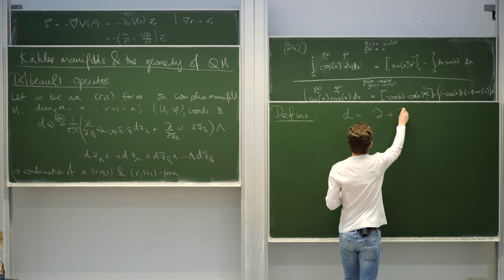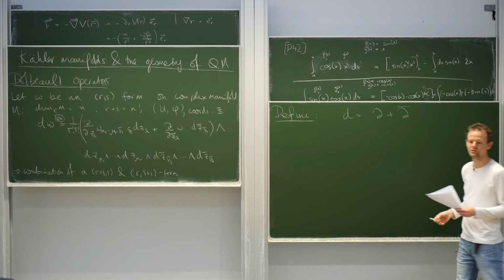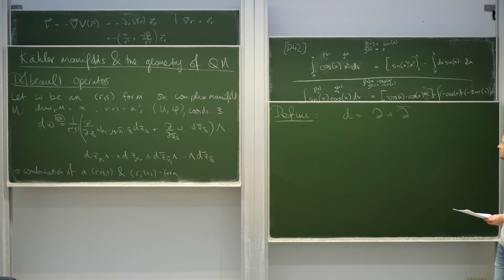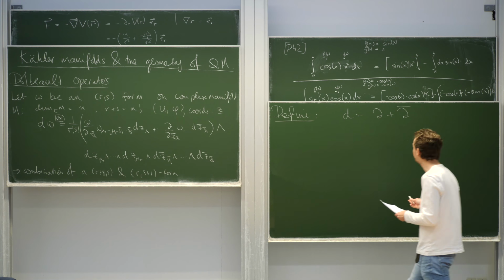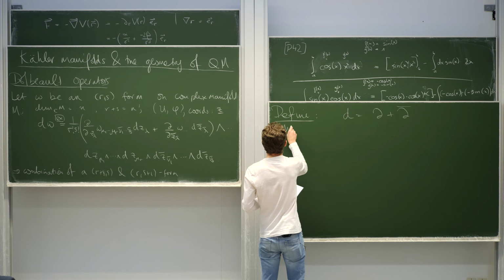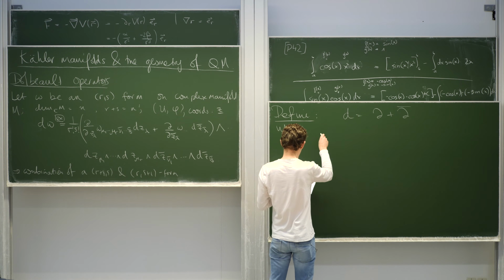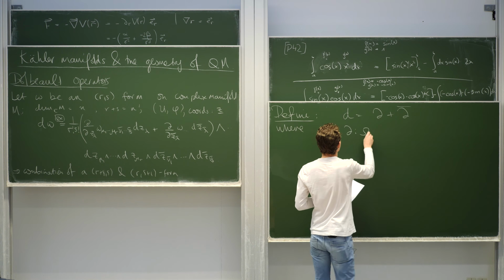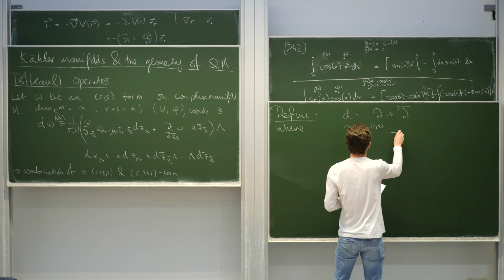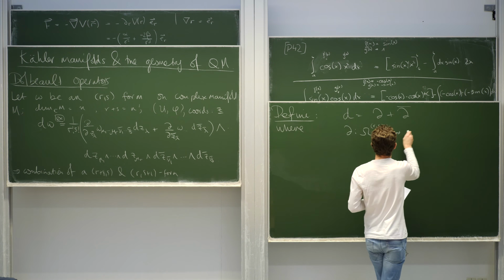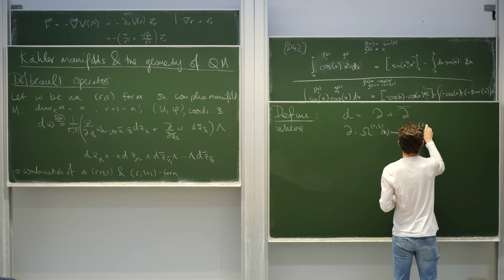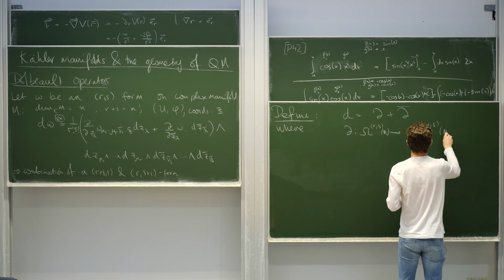We're going to express our exterior derivative as a combination of two operators, delta and delta bar, where delta takes an r,s form to an r plus 1, s form.